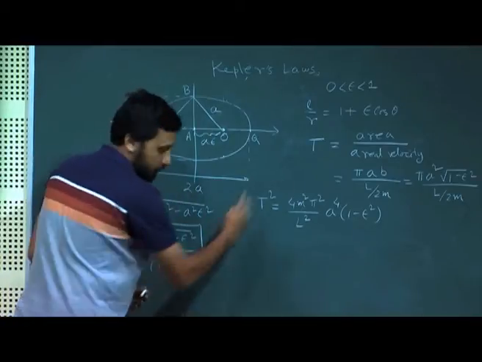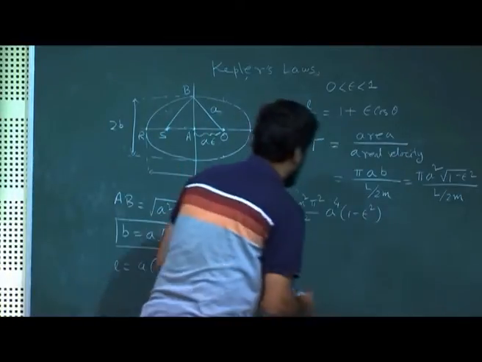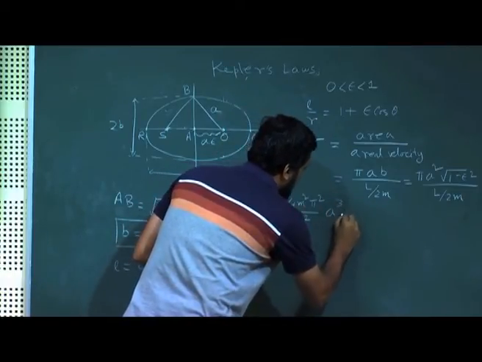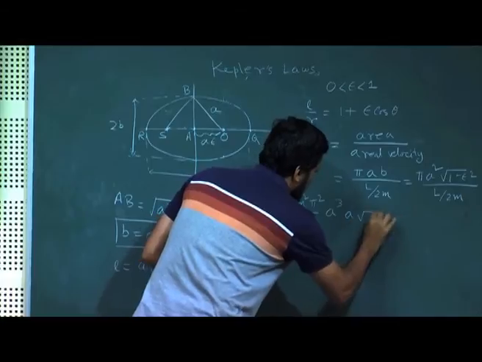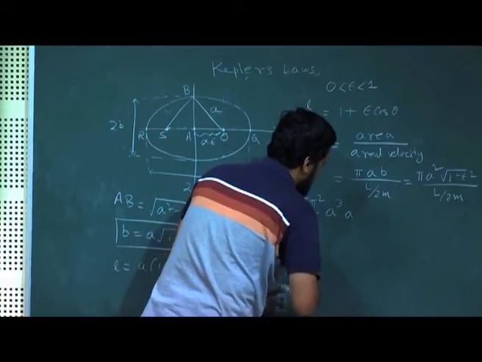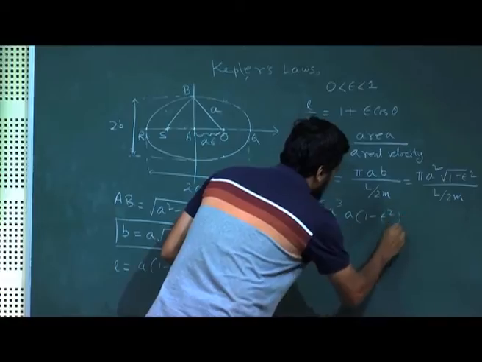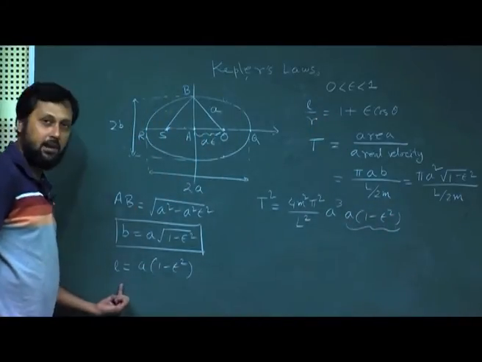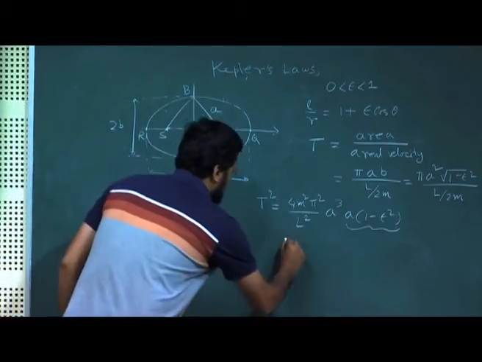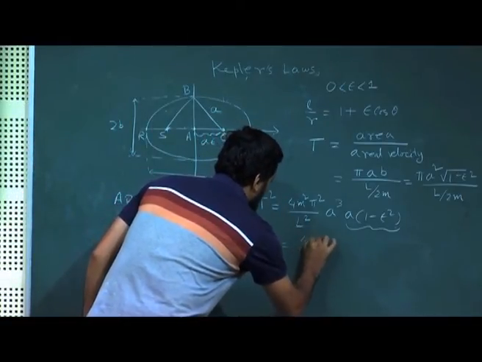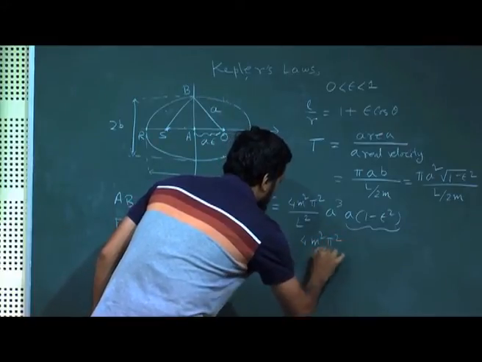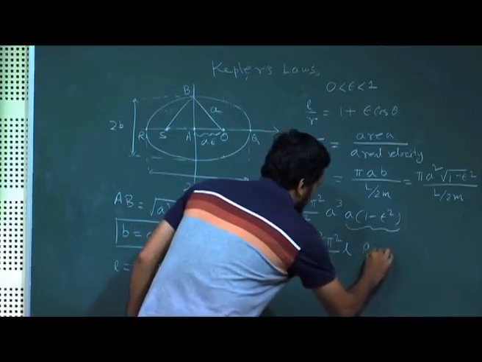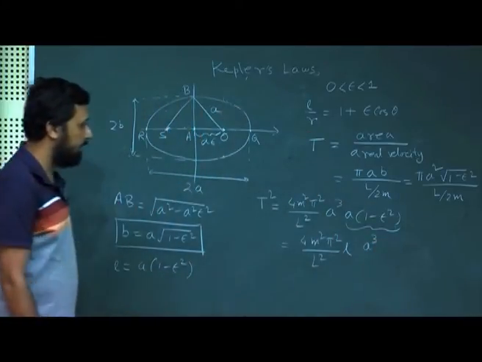And so, we can slightly modify this as A cubed into A times, or sorry, no root over anymore, 1 minus epsilon square. Now, this we can simply substitute with L, which will leave us 4 m square pi square by L square, L A cubed, right.